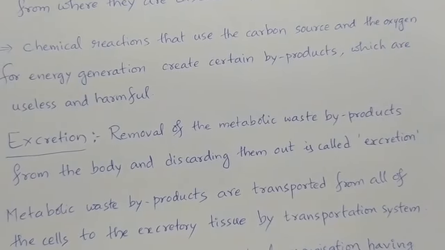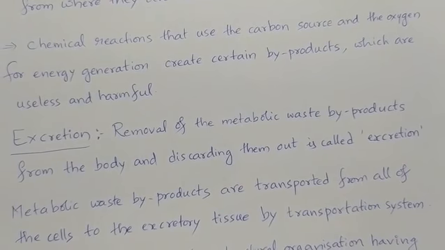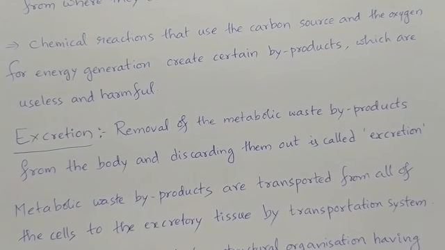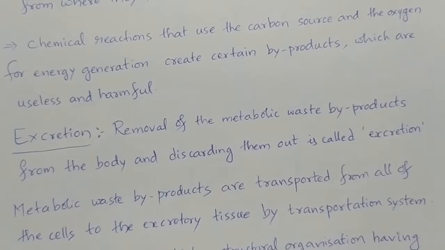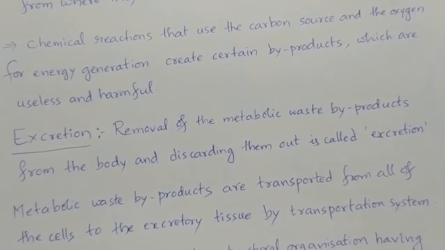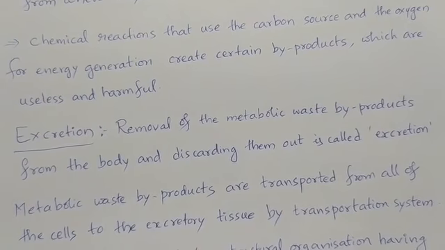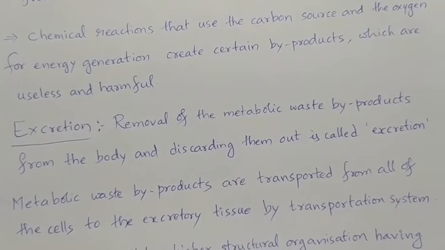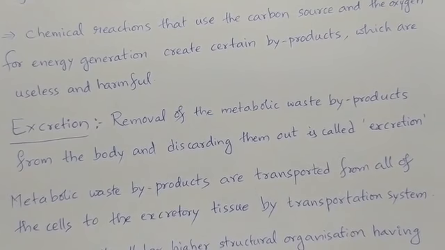Just now we have discussed, after utilizing food and oxygen inside the cells in certain chemical reactions, waste byproducts are formed. Chemical reactions that use carbon source and the oxygen for energy generation create certain byproducts. These byproducts are not only useless but also harmful. So these metabolic waste byproducts have to be removed out from the body and have to be discarded out from the body.